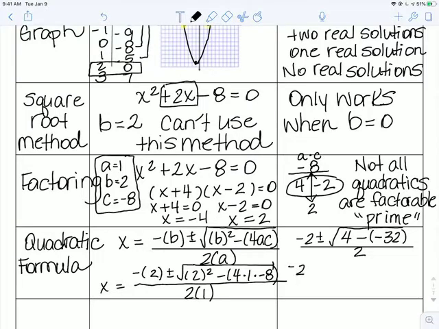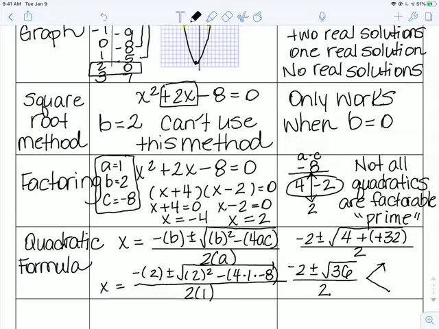That gives me a negative 2 plus or minus the square root of 4 plus 32, which is going to give me a 36 all over 2. All right, so this is going to give me 2 separate solutions.